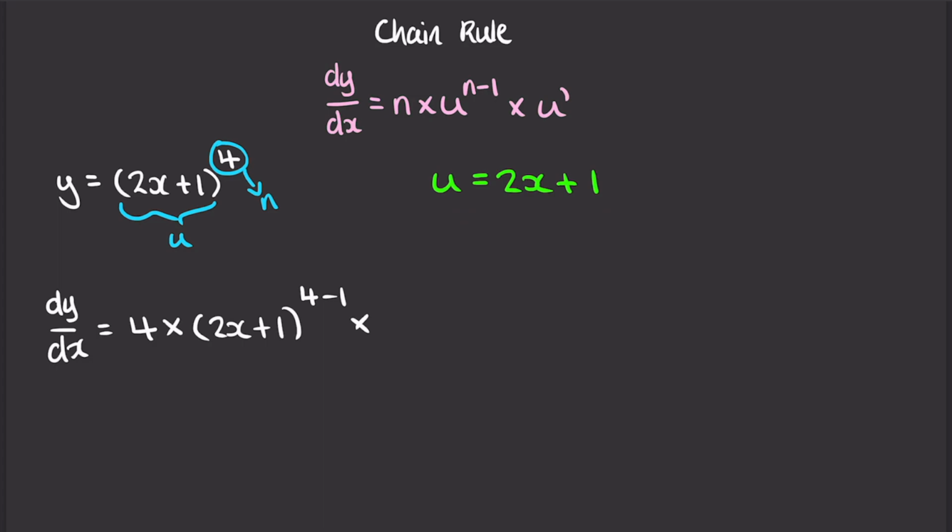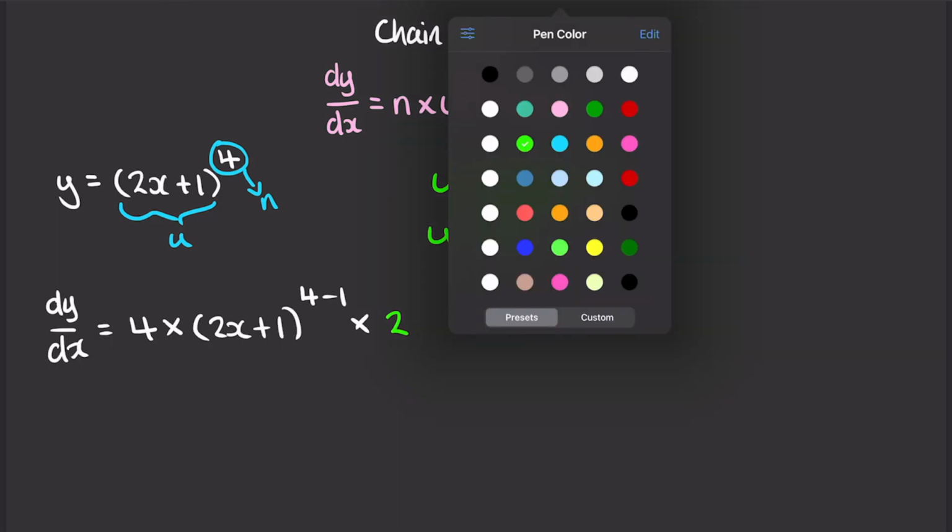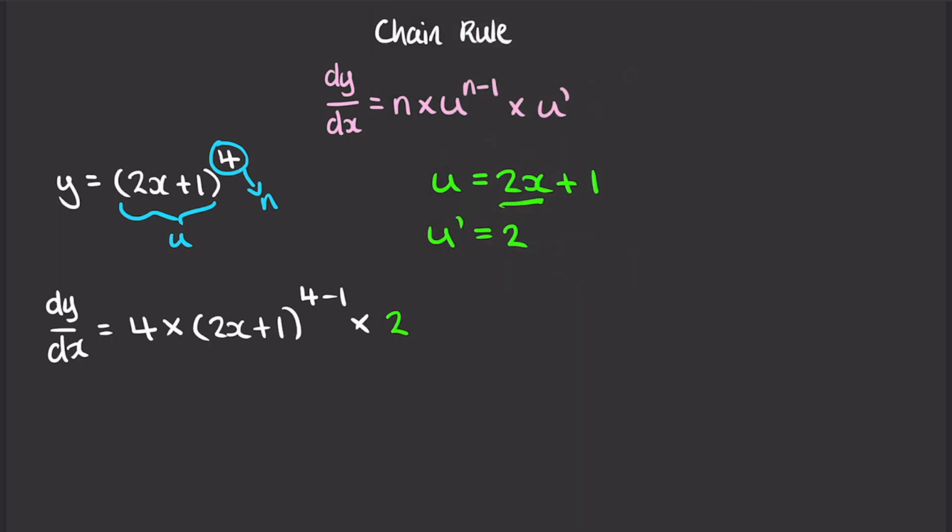So u prime or u dash will just equal 2 because only this bit has an x and it's to the power of 1. So if you subtract the power by 1, then it becomes 0. Anything to the power of 0 just becomes 1. So it's 2 times 1, which is how we got this here. So it will be multiplied by 2. And that is basically it.